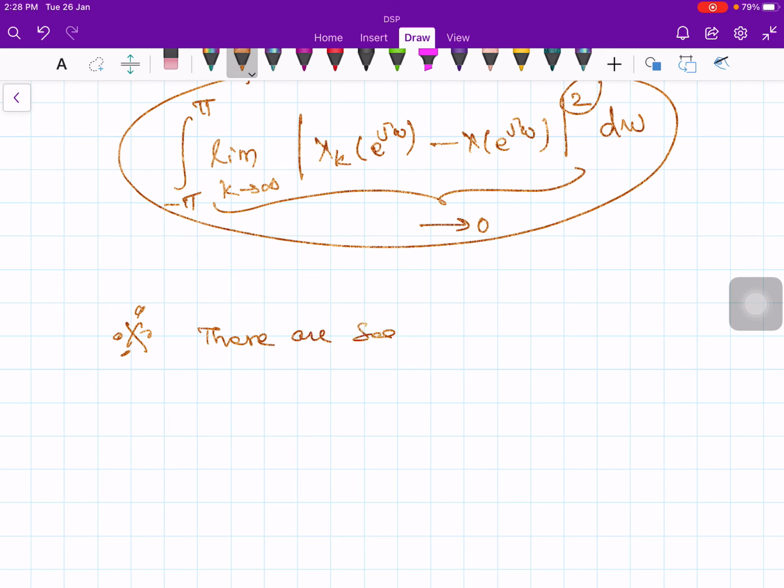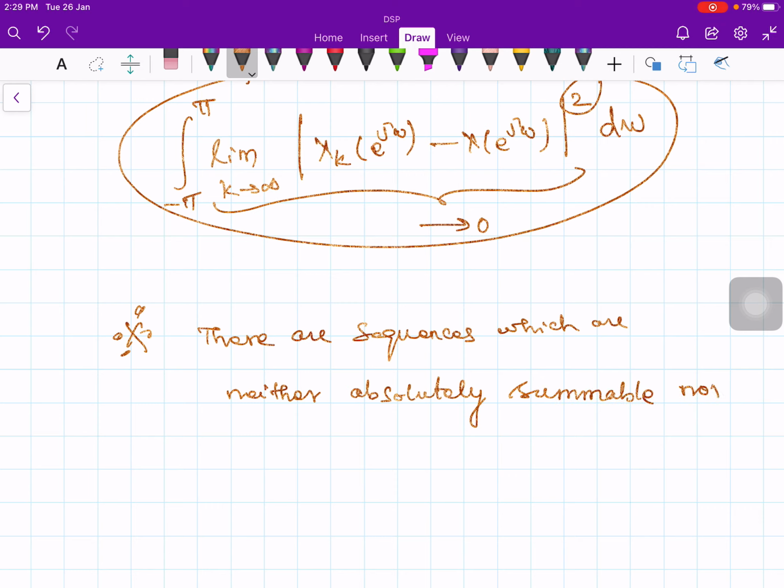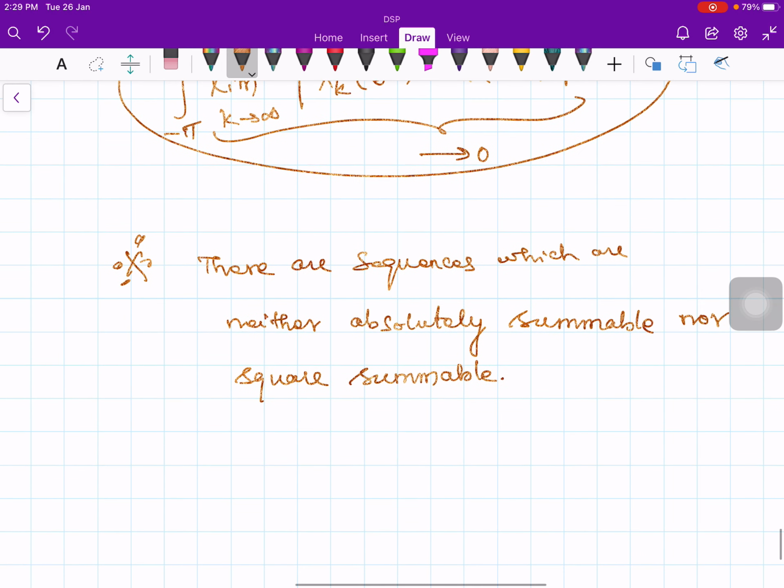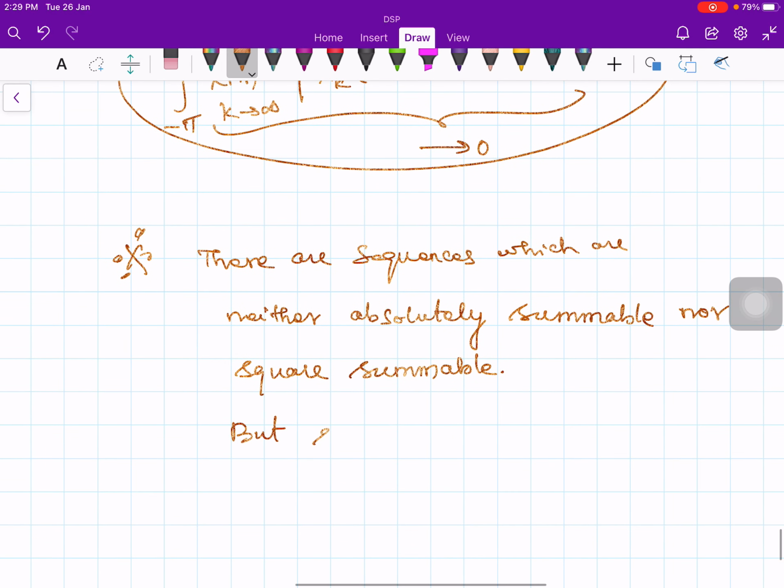There are sequences which are neither absolutely summable nor square summable, but still the discrete time Fourier transform does exist.